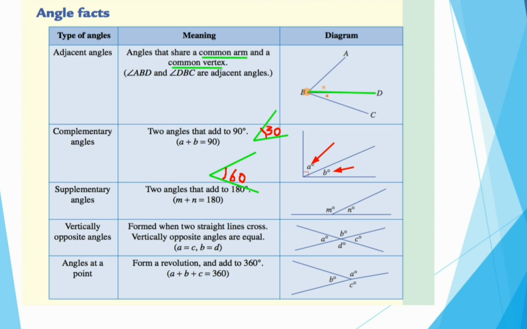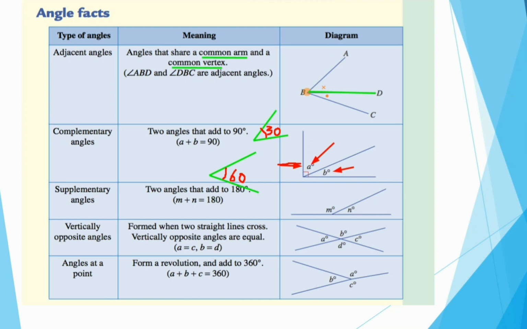So their sum will be 90, so they will be called complementary angles. Then why this figure is shown here? The figure shows here that this sum is 90, so that is why they are placed like adjacent angles, but they need not be adjacent angles.